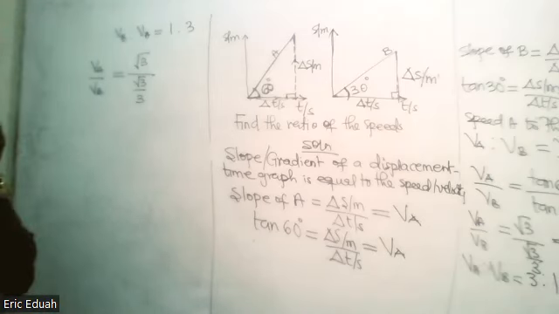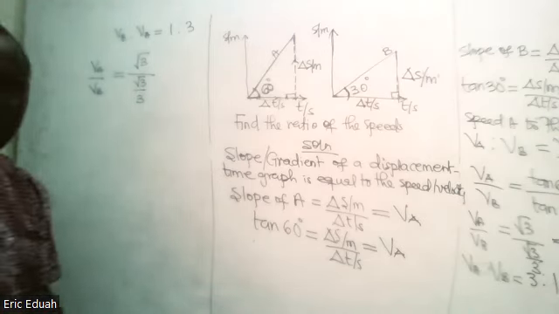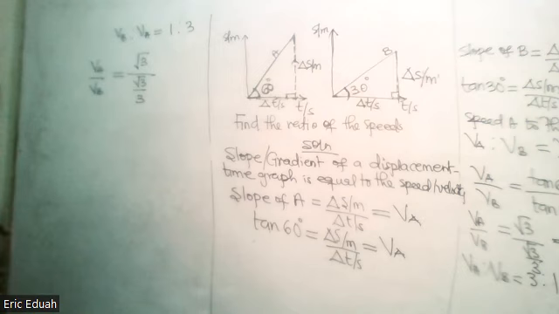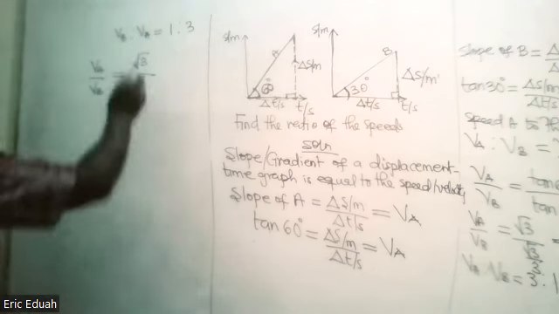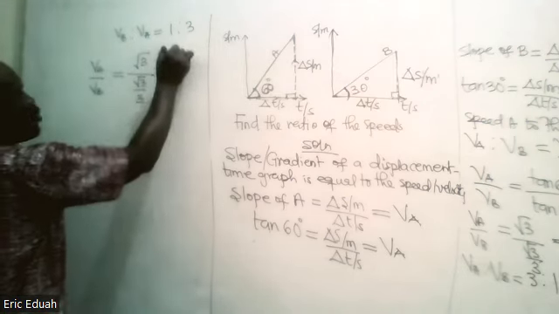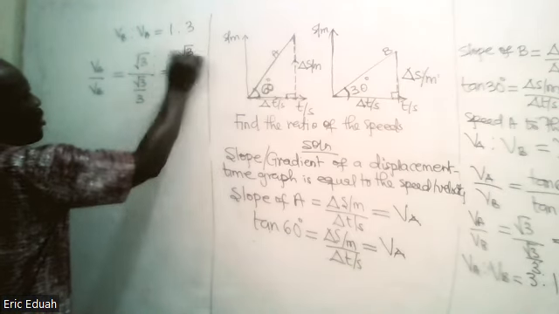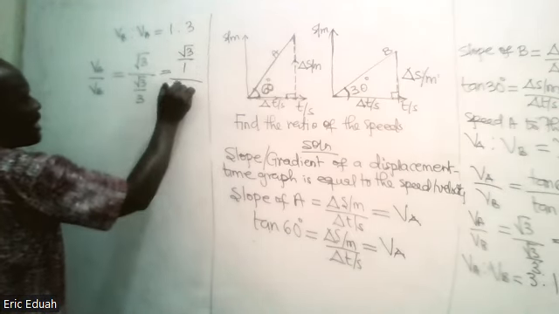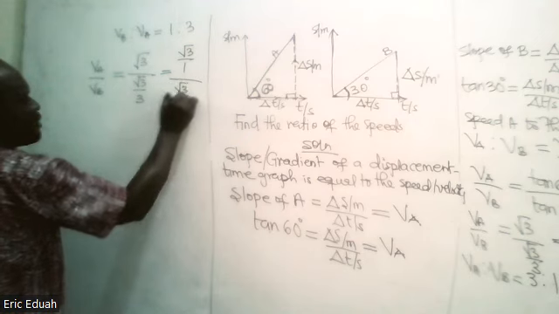What do I do? Please, you get root 3 on 1 because any whole number is over 1. Exactly. So this becomes root 3 on 1, all divided by root 3 on 3.